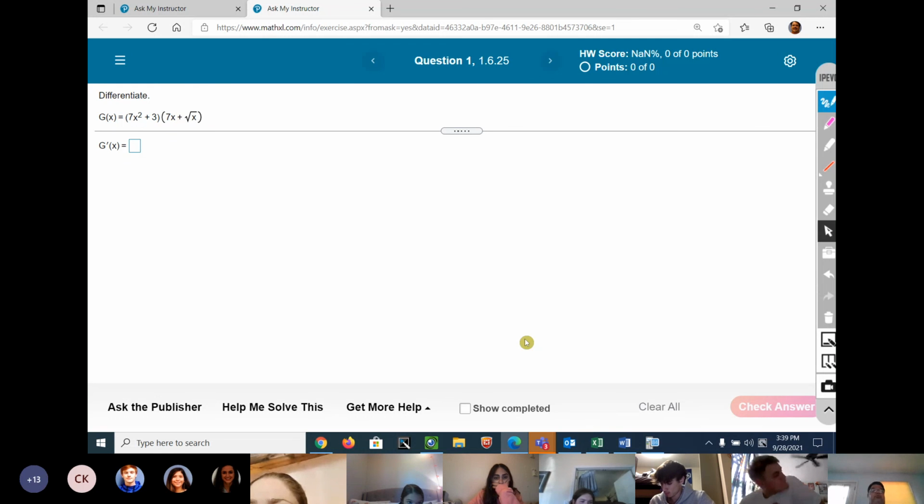Okay, the first thing I would do is rewrite g of x is equal to 7x squared plus 3 times 7x plus x to the 1/2. All right, somebody tell me what we're going to use. Are we going to use the product rule or the quotient rule?